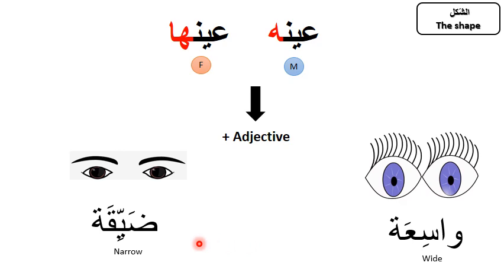If it's a narrow eye, I would say ضيقة. So I can say عينه واسعة, his eyes are wide, or عينه ضيقة, his eyes are narrow. عينها واسعة, عينها ضيقة. So you need to remember that the noun comes first, followed by an adjective, one of these two adjectives.